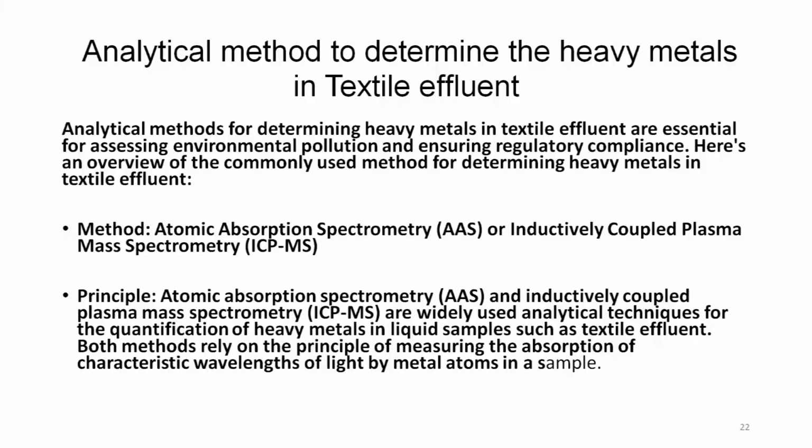Here heavy metals are affected by the light and they absorb light. So, these both are useful, AAS and ICP-MS. They excite the heavy metal, and the principle is measuring the absorption characteristic of the wavelength that they have absorbed, which is the main function.